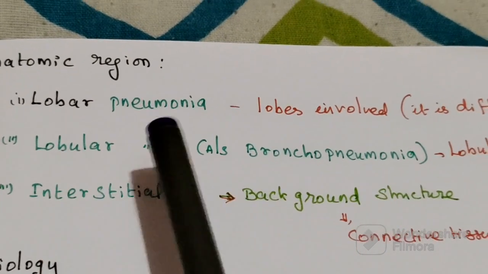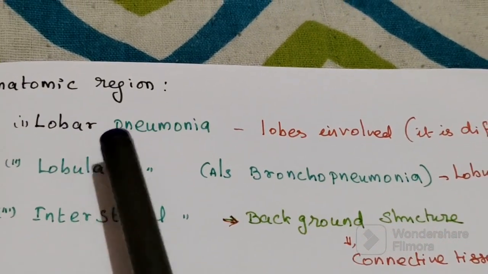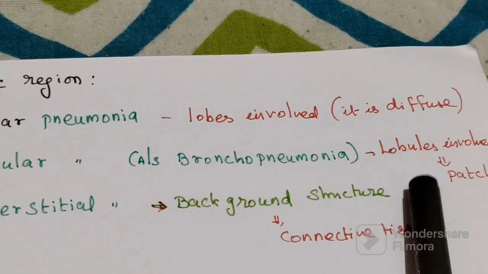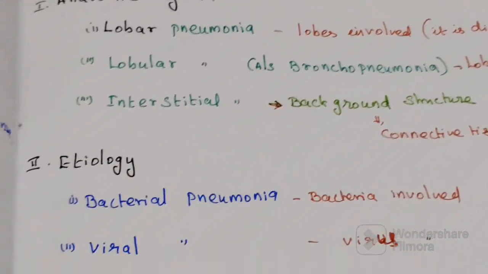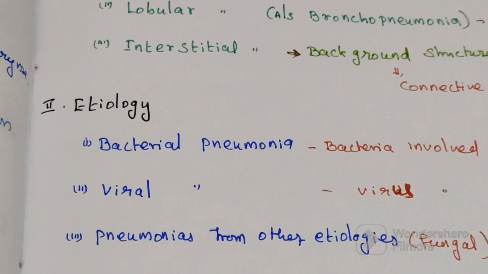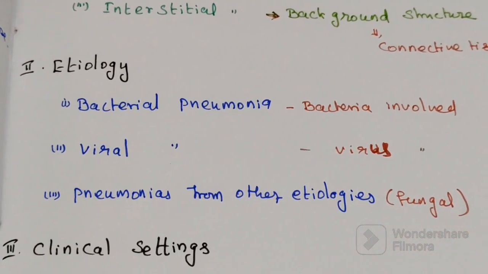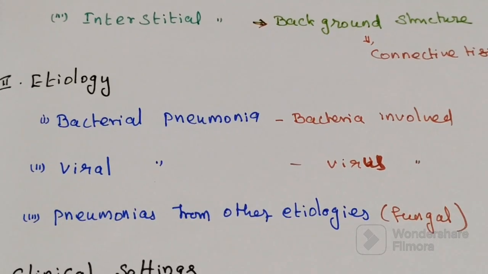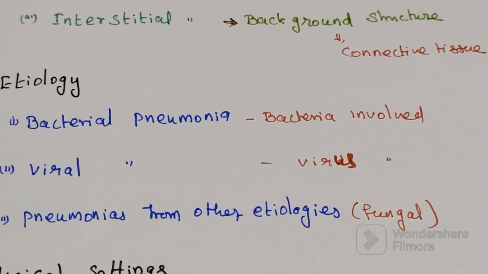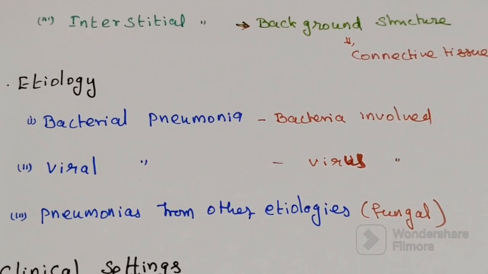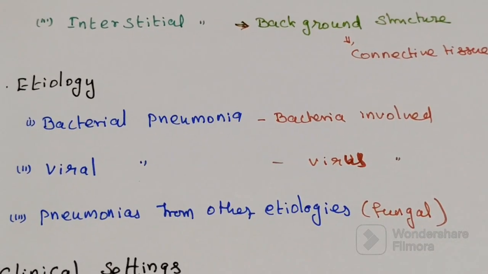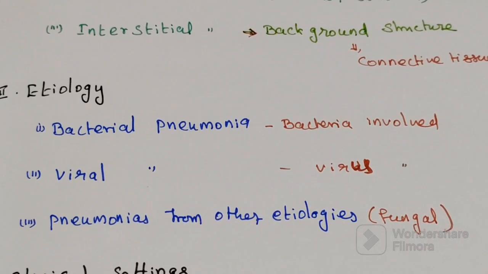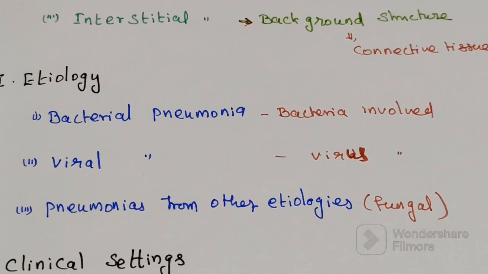So lobes involved means lobar pneumonia, lobules involved means lobular pneumonia, patchy. Interstitial means the background structure. Then based on etiology, who is causing inflammation? Bacteria causing pneumonia is called bacterial pneumonia. Virus causing pneumonia is called viral pneumonia. Pneumonia from other etiology, mainly fungus, is called fungal pneumonia.